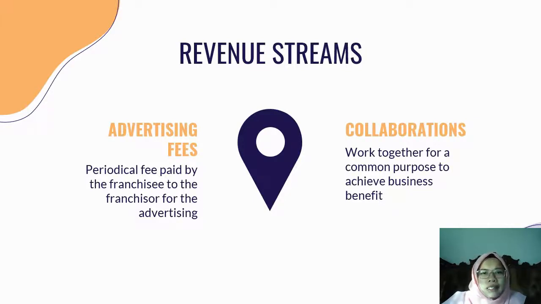The second example is collaboration, a working practice whereby individuals work together for a common purpose to achieve business benefit, creating purposeful connection both internally and externally to achieve goals or solve problems through sharing varied skill sets, strengths, and perspectives. For this example of collaboration, we can use vouchers, where both companies can get the benefit from the promotion.